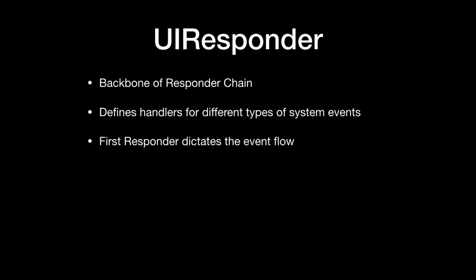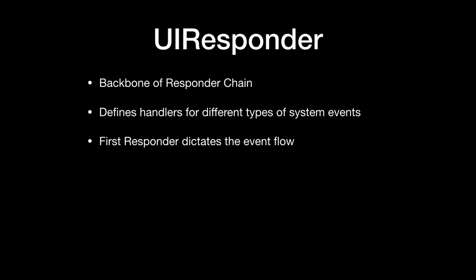And then there's this concept of a first responder. By default, there is no first responder in an application. You have to actually tell the system, I want to become a first responder. We'll look at that API in a second. But as soon as you tell the system you want to be the first responder, you are the first object to get that message, or to get an opportunity to respond to a message.